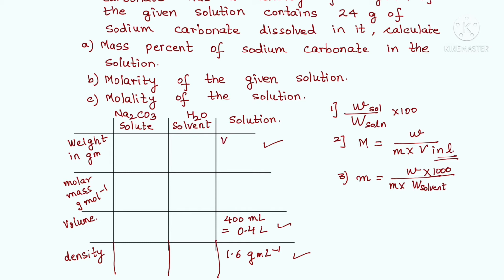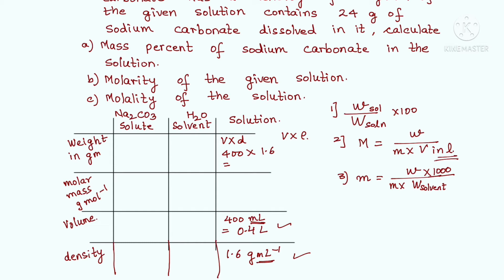That is volume into density. This density can be written as D. It can also be denoted by the symbol rho. Both are correct. Because my volume is in milliliters and density is in gram per milliliter, we will have 400 times 1.6 and we get the weight of the solution in grams.